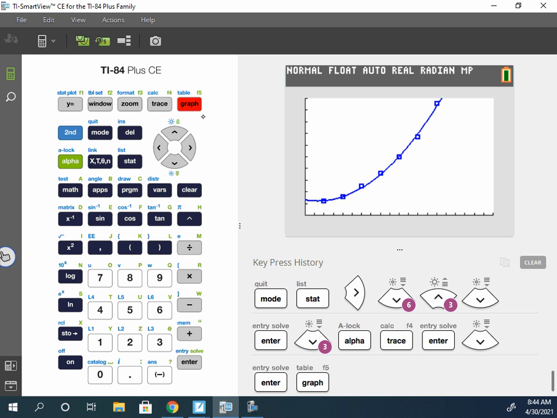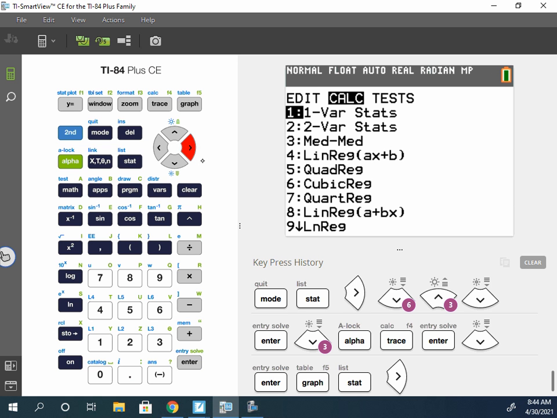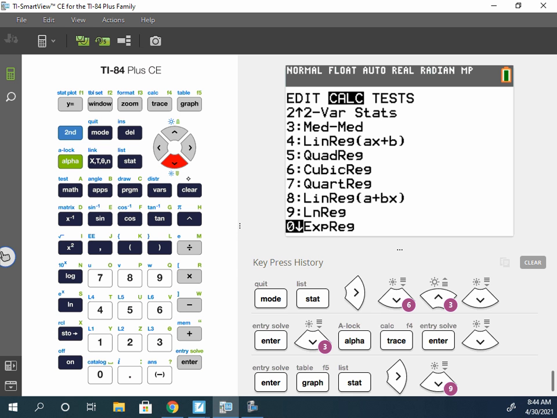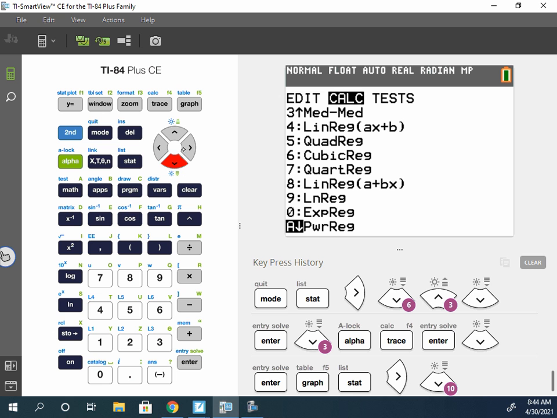Yes? Okay. Now, we've been looking at exponentials, yes? Okay, let's go back to stat, over to calculate like we just did. And this time we want to go farther. Exponential regression. Well, this is for our exponential equations.